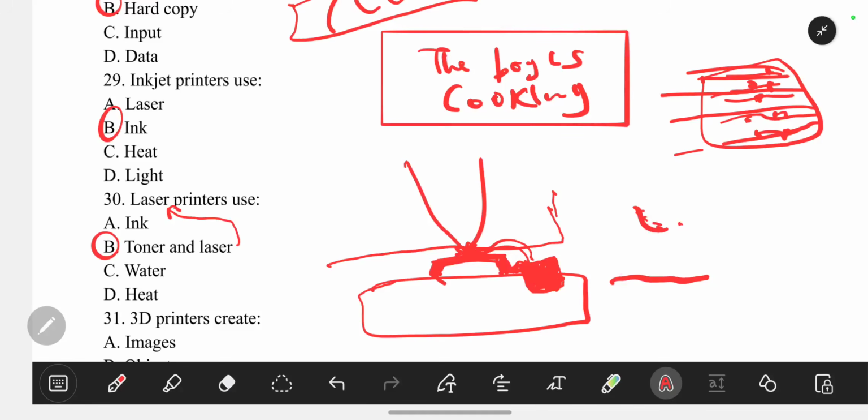On one part it might paint the color red, on another part yellow, or blue, to produce an image like that. All this depends on the image requirement. So it uses what we call toner, which is a fine powder, and a laser.